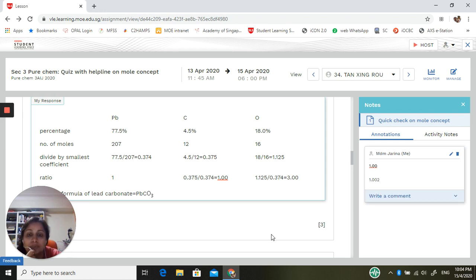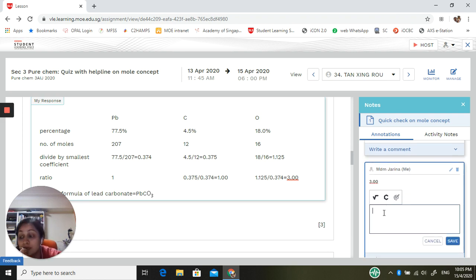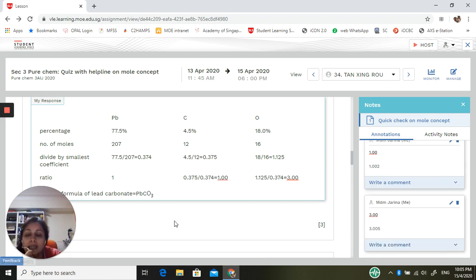Okay, do not round off. This one also similar, don't round off to 3 SF here. It was 3.005, around there. And then you write down the ratio as 1:1:3.